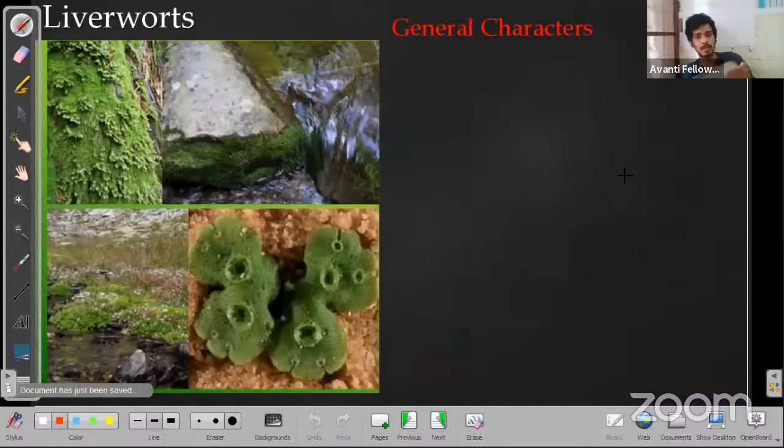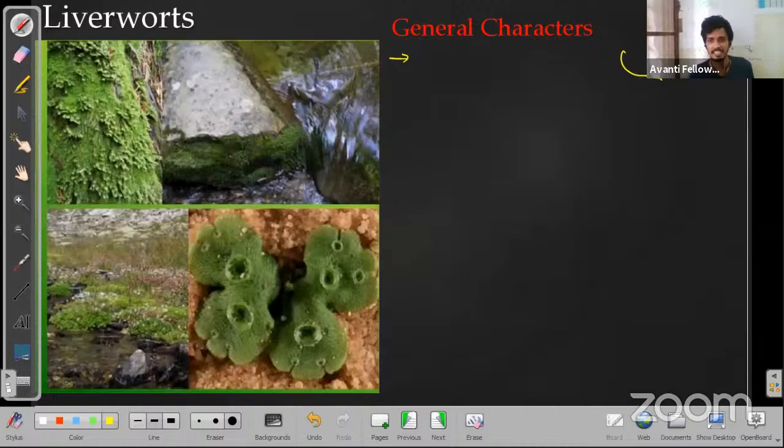Okay. Here we will use all the terms. Liverworts. Why do we call it liverworts? It looks somewhat like a liver. Our liver is something like this. So if I write something like this, these are also like that only. So they simply name it liverworts or Hepaticopsida.